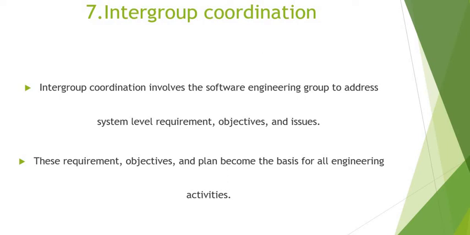The representatives of the project software engineering group work with representatives of the other engineering groups to monitor and coordinate technical activities and resolve technical issues. A documented plan is used to communicate intergroup commitments and to coordinate and track the work performed.